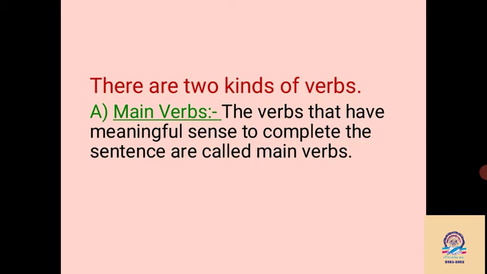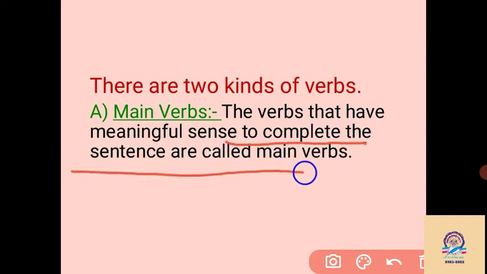Then we can say that there are two kinds of verb. First, main verb. What is the definition of main verb? The verb that has meaningful sense to complete the sentence is called a main verb.